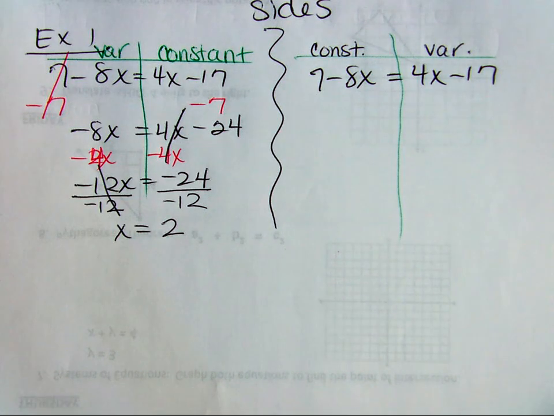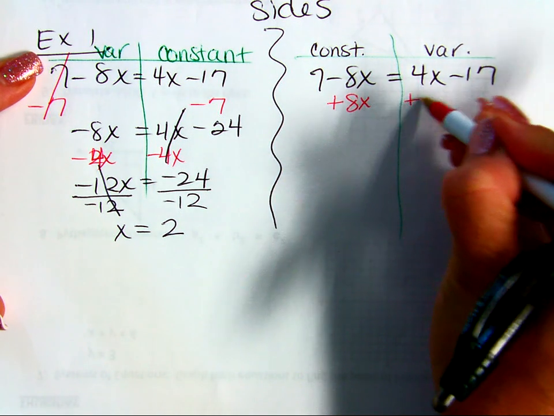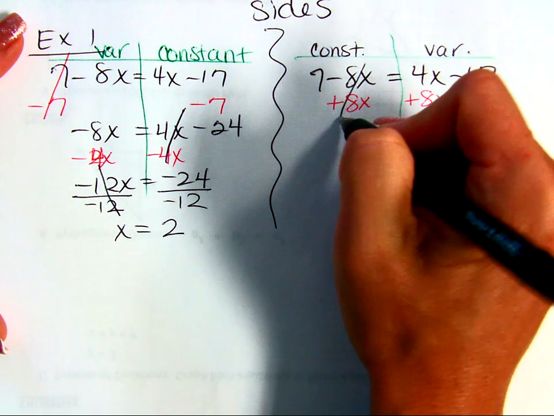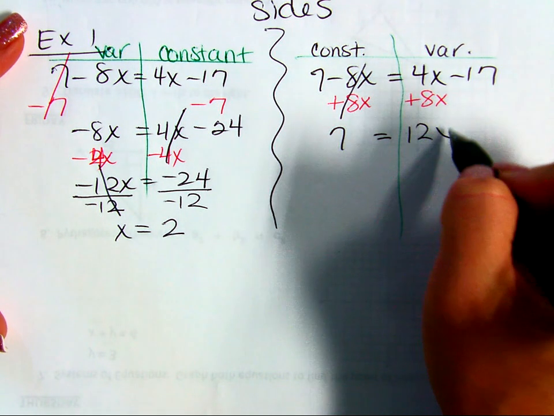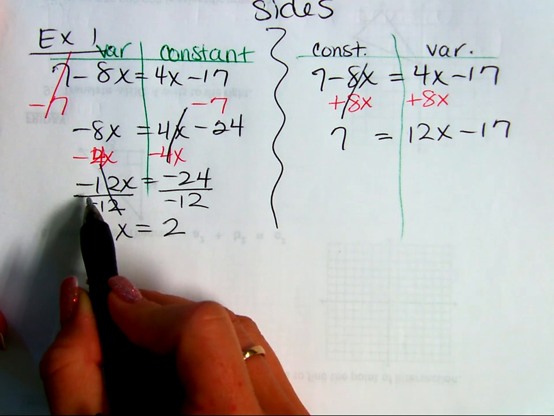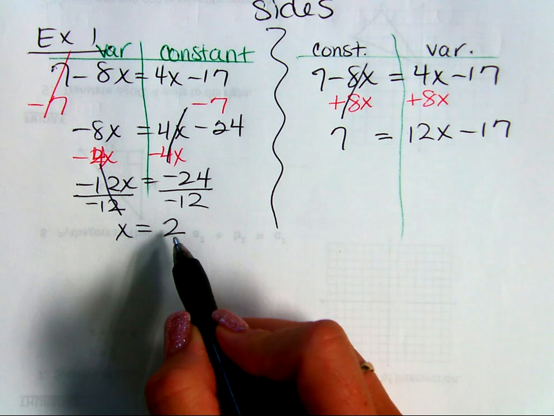The negative 8x. So let's get rid of it. And I know what kids' first thought is. They think I'm going to get the opposite answer when I do it like this, because they see that this 12x is positive, where on the other problem it was negative. And as soon as they see that, they think, no, your answer is going to be negative 2.